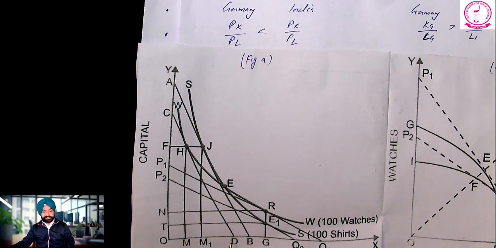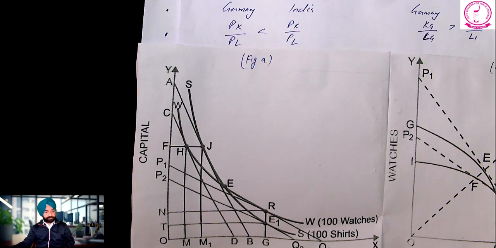And below that, CD, which is parallel. It means this is also in Germany, but it shows a lower cost of production. So AB and CD are isocost lines in Germany. It means their ratio will also be the same, like OA upon OB is equal to OC upon OD.